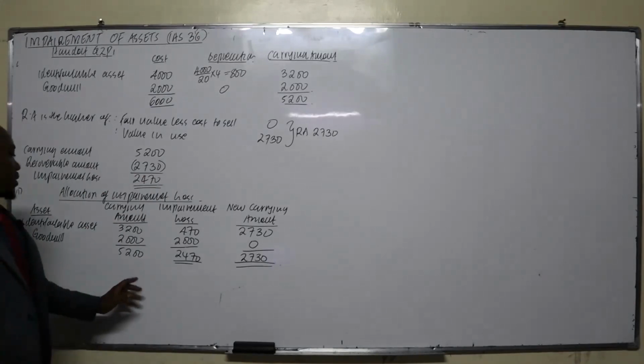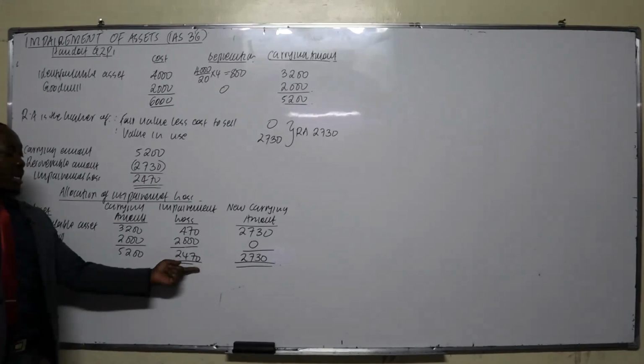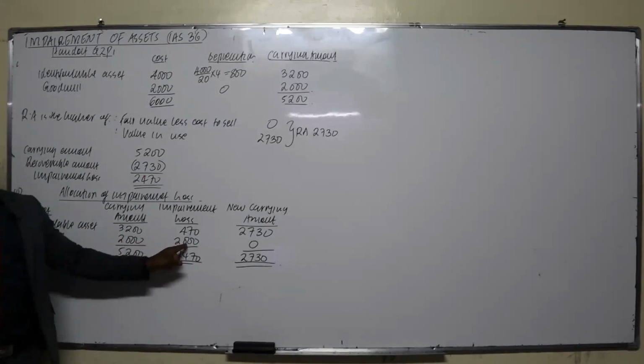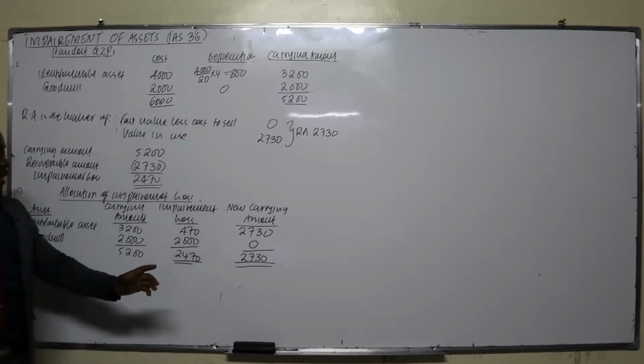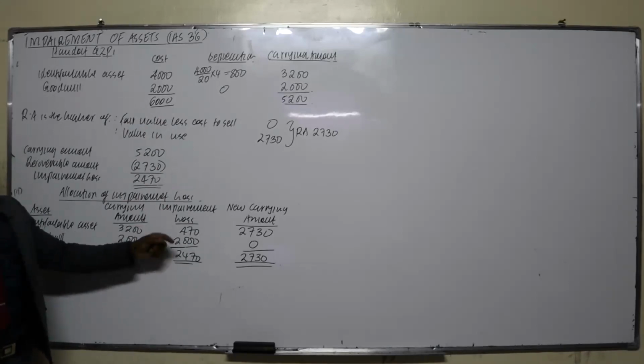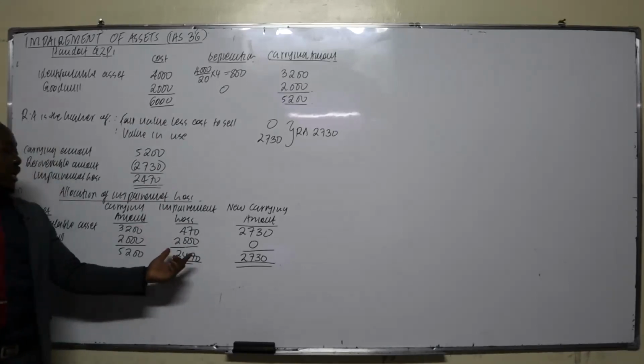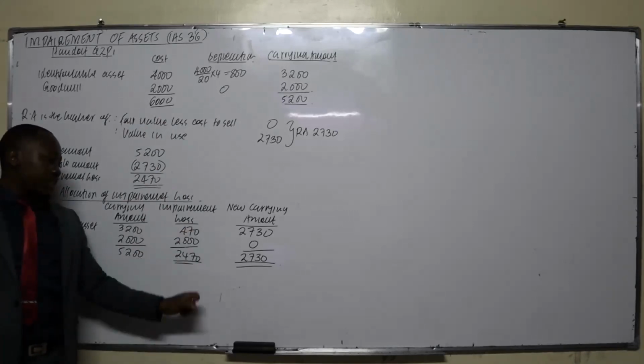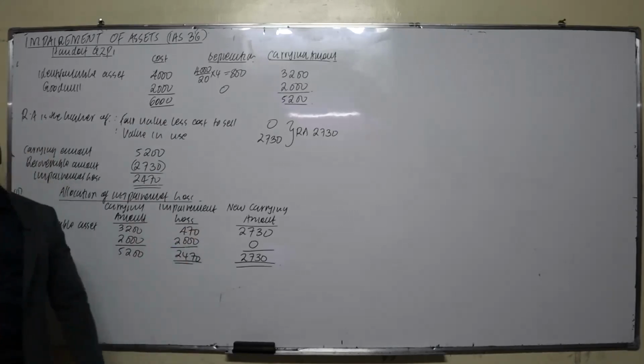So in this case, our total impairment loss was 2470. First of all, you write off the goodwill. The goodwill value was 2 million, so you write off the 2 million. Then for the balance, you allocate to the other assets. So in this case, the balance is 470. I've taken the total 2470, you minus the one for the goodwill for you to get 470. Don't worry, I'll do another illustration. You'll understand better.